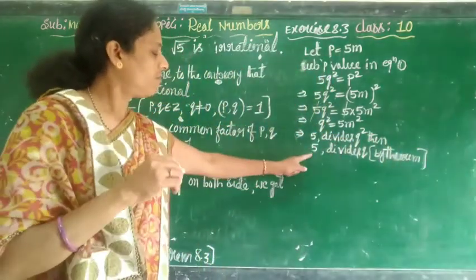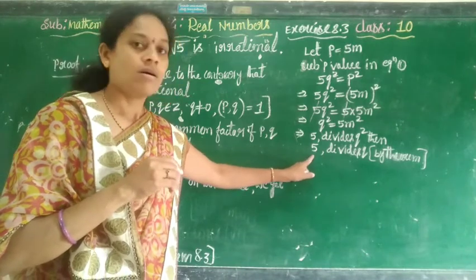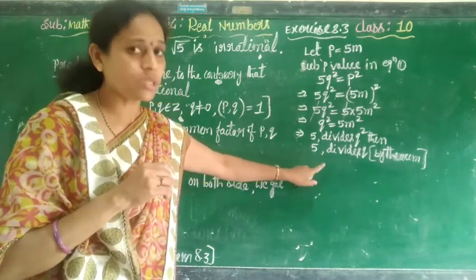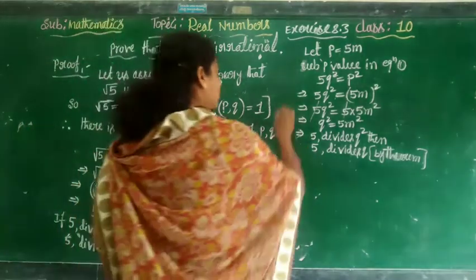So 5 is the common factor for both p and q.